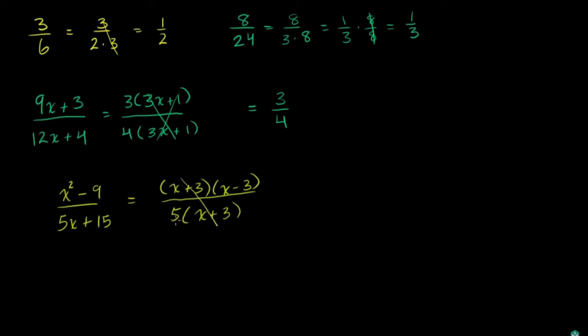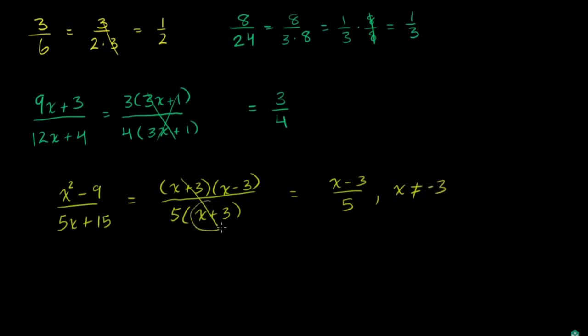But we touched on this a couple of videos ago. We have to be very careful. We can cancel them out. We can say that this is going to be equal to (x minus 3) over 5. But we have to exclude the values of x that would have made this denominator equal to 0, that would have made the entire expression undefined. So we could write this as being equal to (x minus 3) over 5, but x cannot be equal to negative 3.